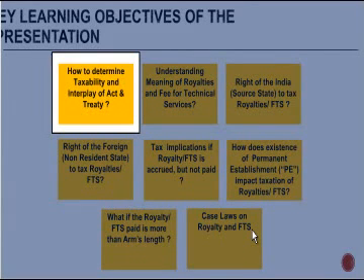As you know, a non-resident has an option to be taxed as per the provisions of the Income Tax Act 1961 or the tax treaty, whichever is more beneficial to him. So we are going to see how a royalty or an FTS is going to be taxed under the Income Tax Act and under the treaty.